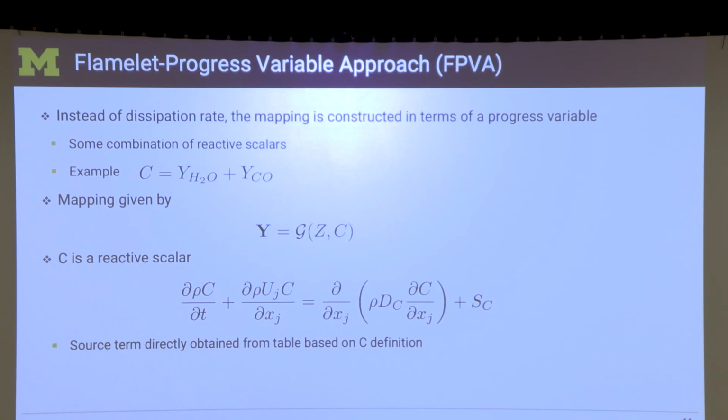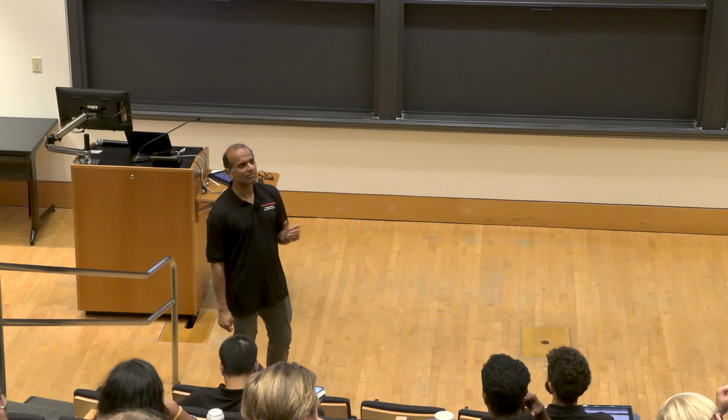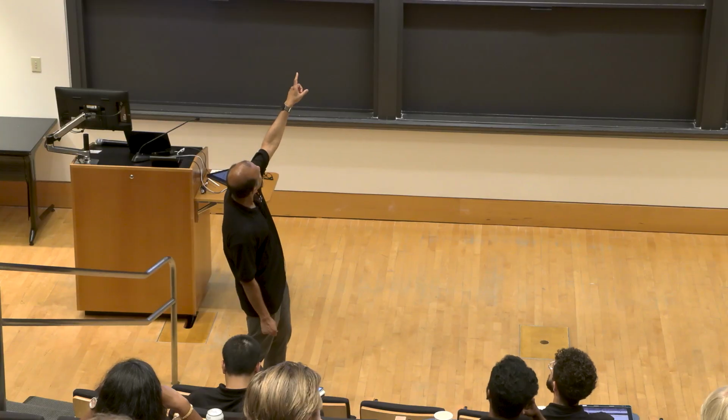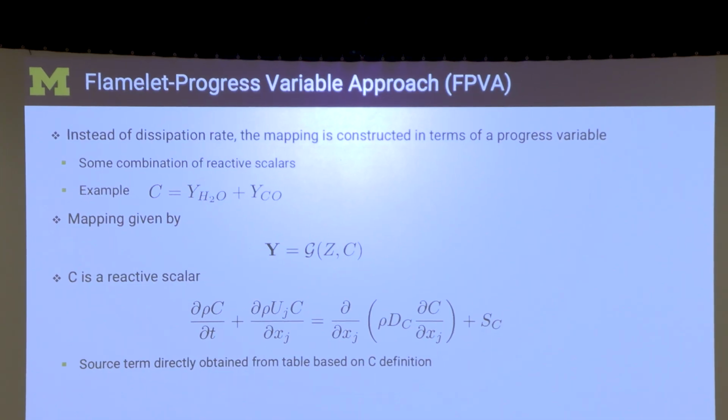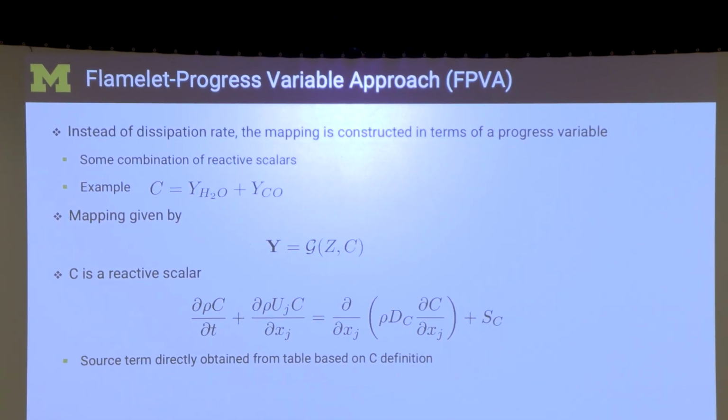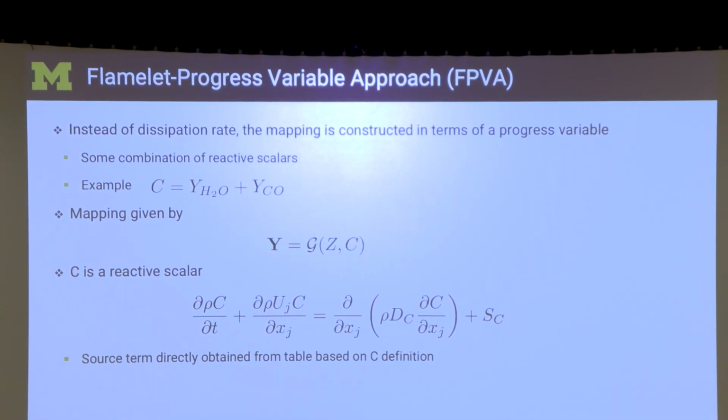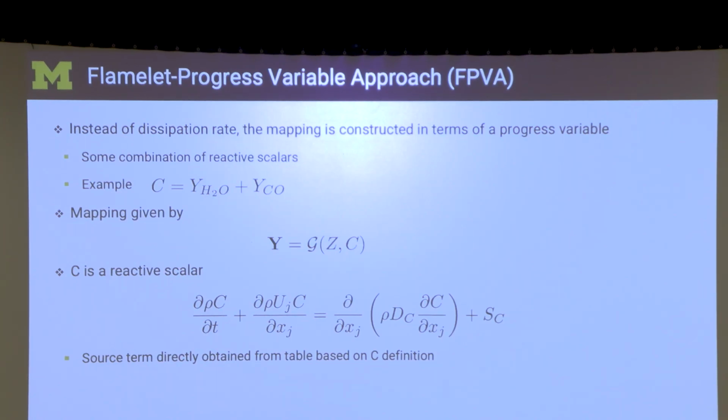Now there's a problem, right? Because this contains a source term, and we did all of this so that we can get rid of a source term. So there's a very clever solution which Charles Pierce came up with. The idea is that you take this progress variable and you write your manifold, the mass fractions, to be a function of Z and C, the mixture fraction and progress variable.